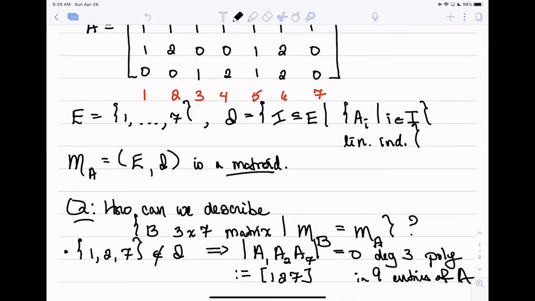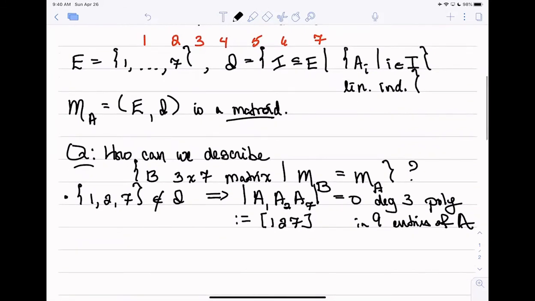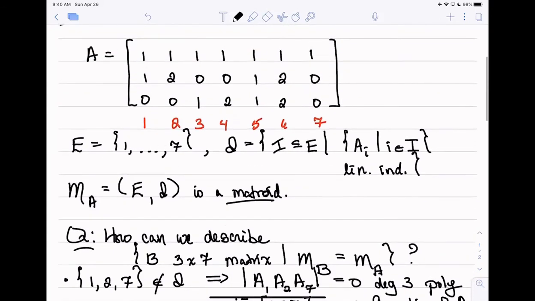So in addition to columns 1, 2, and 7 being dependent, I can see if I look at columns 3, 4, and 7, then the middle row is all zeros. So I also will see that that 3, 4, 7 determinant has to be 0. And if you look again at 5, 6, and 7, you'll see the second and third columns are exactly the same.